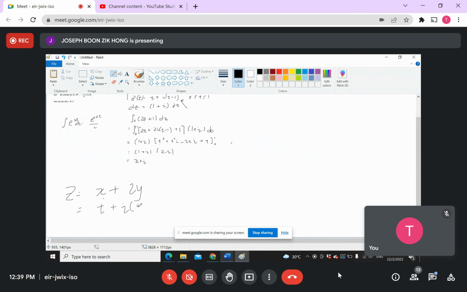So t minus 1. This is my z. And how do you get the x? The x is always the final minus the initial, times the t, and then plus the initial. This is how we find y also, the same thing. Final minus initial times the t plus the initial.